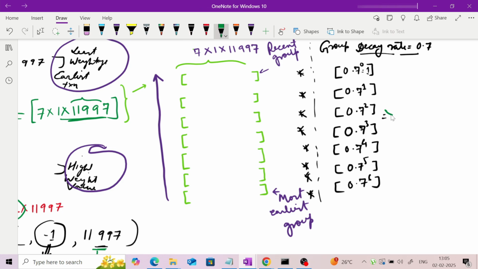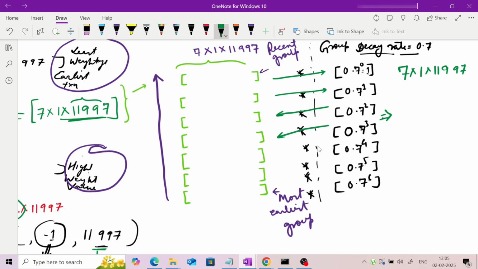The final vector that we will get after the multiplication will also be of the shape 7 by 1 by 11,997.